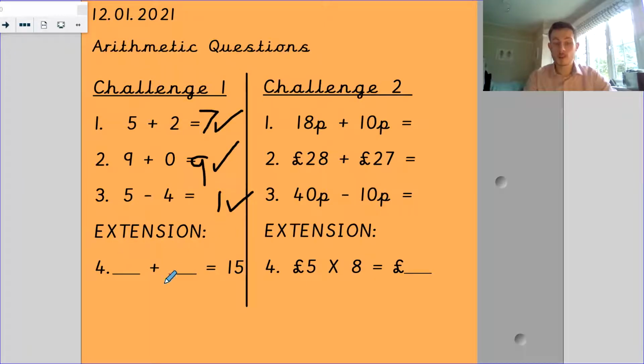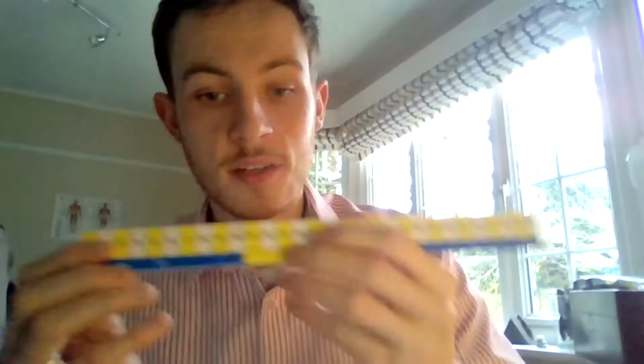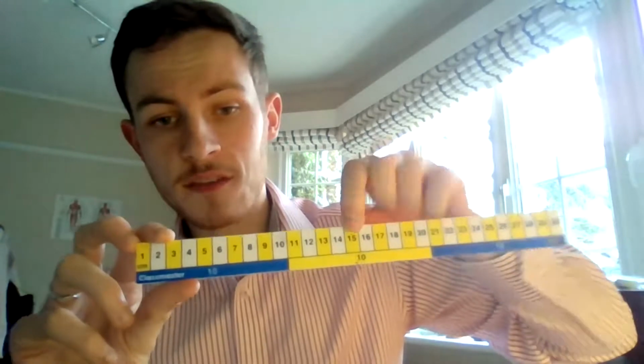Something add something equals 15. Again, lots of different ways you can do this. Remember how I taught you last time. Let me just stop sharing so you can see me nice and quickly. One of the things was you want to put your finger on where you want to end up. So there's my 15.